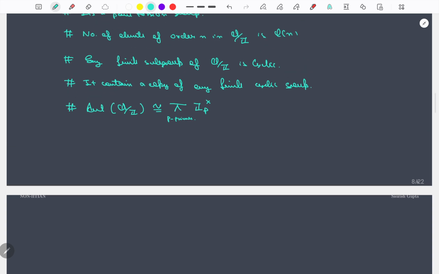So it has a very famous name. It's called the group of units of the profinite integers. The profinite integers are basically the product of all Z_p over p ranging over all the primes.